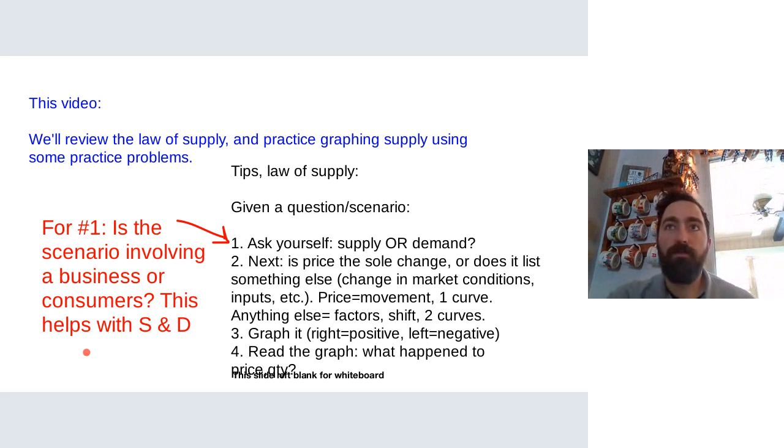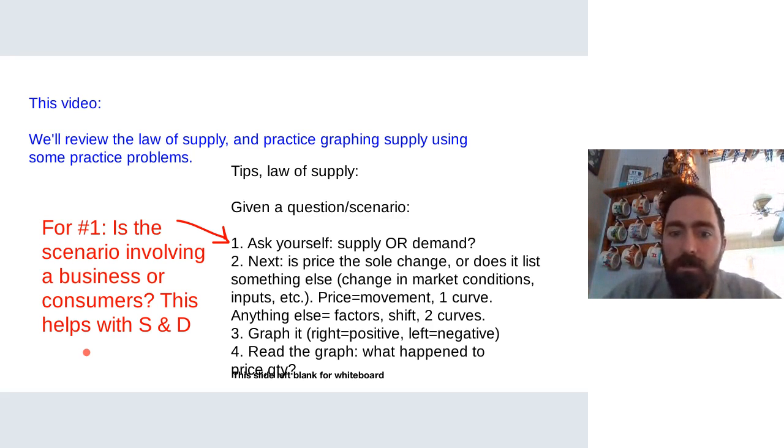If the scenario mentions businesses or something involving production or affecting businesses or firms, it's going to be supply. Supply is going to be the curve that's affected. If it mentions consumers or consumer taste or something that affects consumers, it's going to be demand. So right there, that will help you determine whether the scenario affects supply or demand.